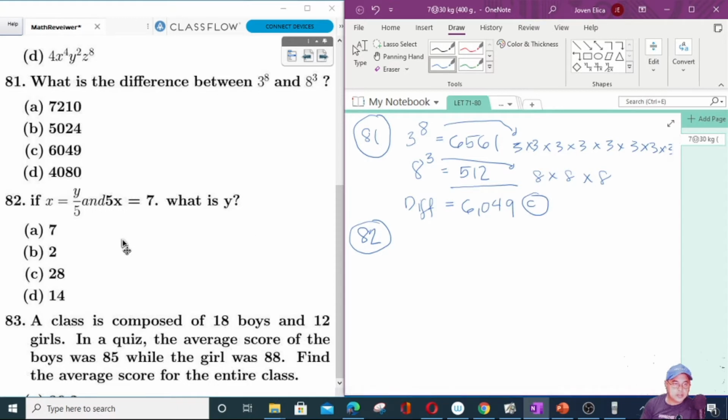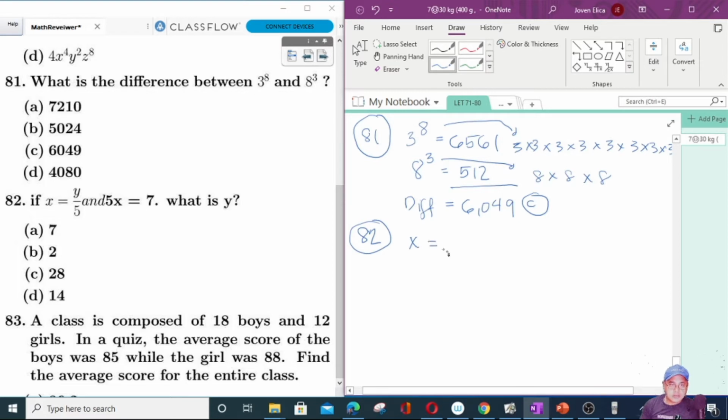Okay, question number 82. If x is equal to y over 5 and 5x is equal to 7, what is y? Again, this is a very simple question.